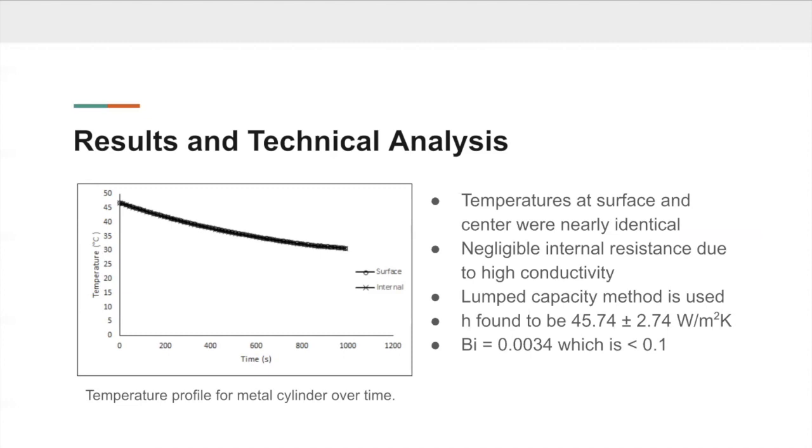Because of this, we were able to use the lumped capacity method, and from this we found that h was 45.74 watts per meter squared Kelvin, and we calculated the Biot number to be 0.0034, which is less than 0.1, and this confirms our usage of the lumped capacity method.